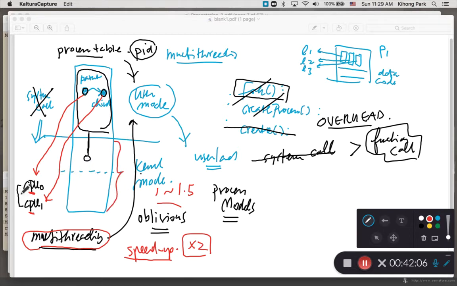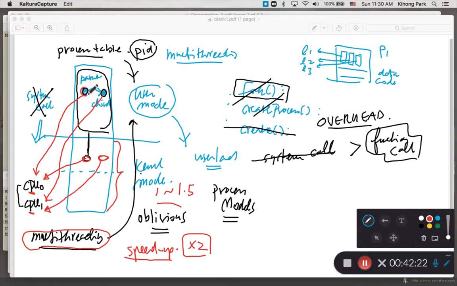And for this guy to utilize both of them at the same time, it needs two threads, two kernel threads, two kernel processes downstairs, so that this guy goes here and this guy goes here.